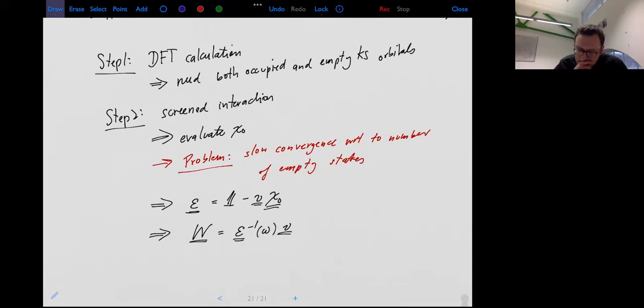Now, there's another problem, and that is we have to use a basis here, right? These are matrices in some basis, and we'll have to choose what kind of basis to use. I mean, we could use a basis of Kohn-Sham orbitals.